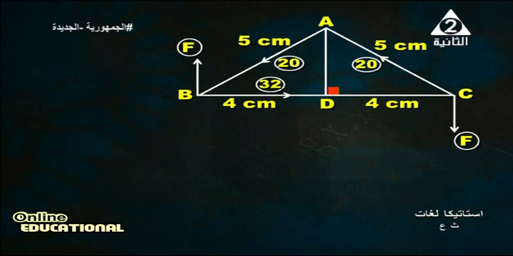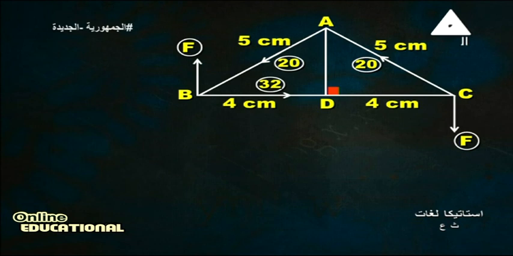We have three forces: force 20 acts at AB, 32 acts at BC, and 20 acts at CA. If we divide the force by the distance, the ratio must be equal to a constant K. K equals 4.